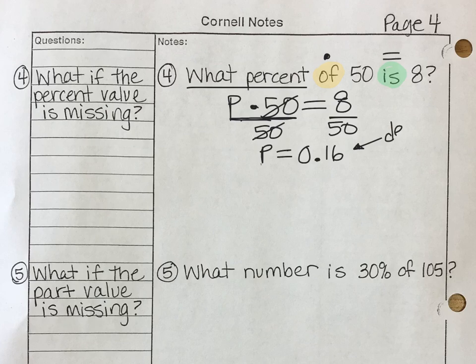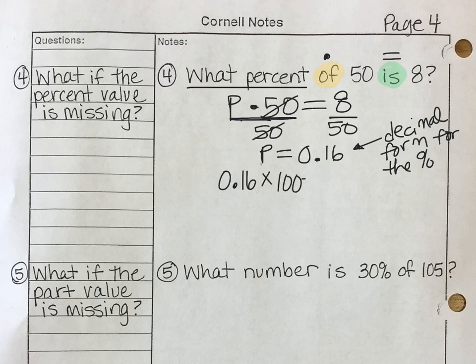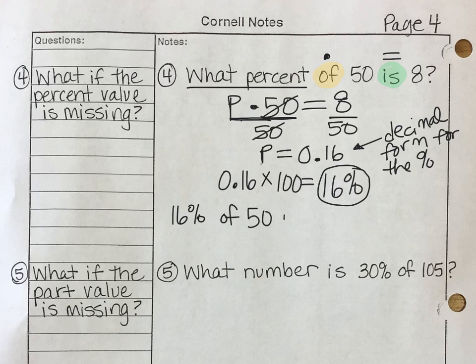This is the decimal form for our percent. So how do we change that decimal back into a percent? We take our answer and we multiply by 100. So 16% of 50 is 8.